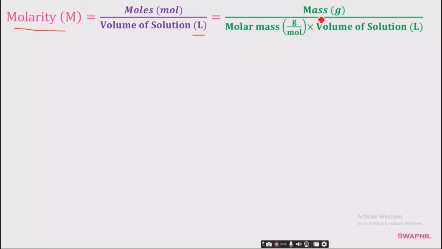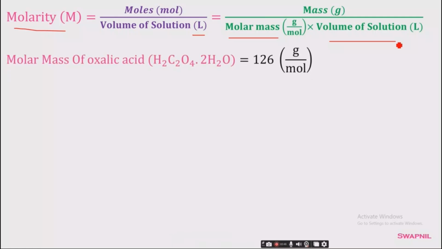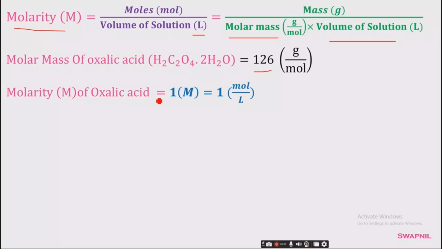So molarity is equal to mass divided by molar mass into volume of solution. We have molar mass of oxalic acid equal to 126 gram per mole. Molarity of oxalic acid is equal to 1 molar, that is 1 mole per liter, and volume of oxalic acid is equal to 1 liter.